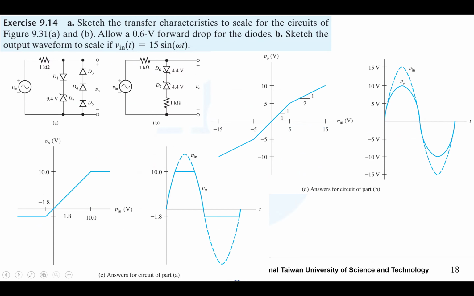Let's look at A. Sketch the transfer characteristics to scale for the circuit of figure 9.31a and B. Allow a 0.6 volt forward drop from the diode. B. Sketch the output waveform to scale if Vin is 15 sine omega t.